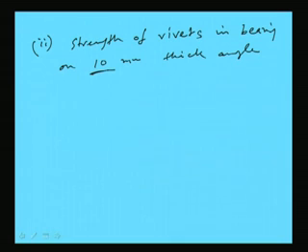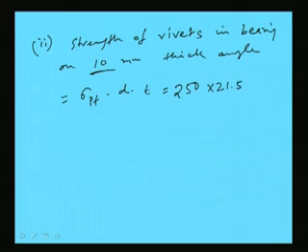So, the bearing strength will become sigma Pf into d into T. So, that will be 250 into 21.5 into 10. So, this will become 53.75 kilonewton. So, this is another strength we are calculating due to bearing.